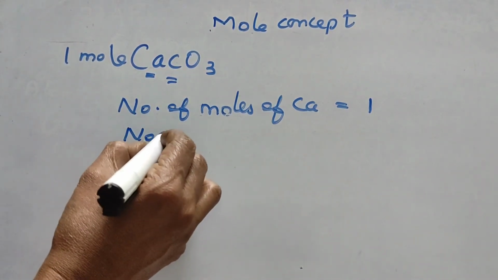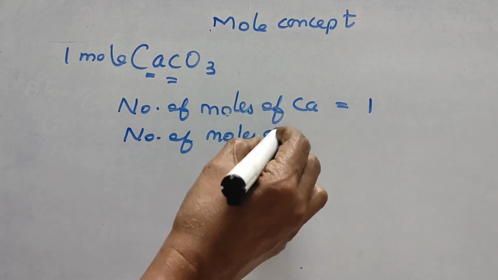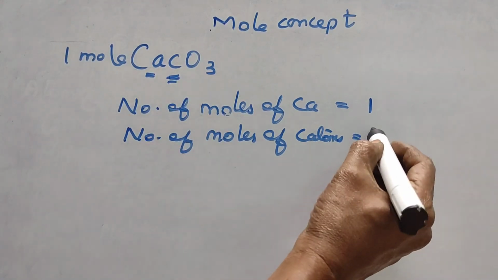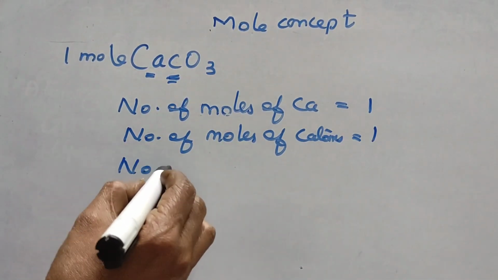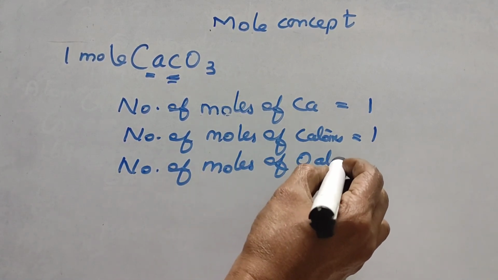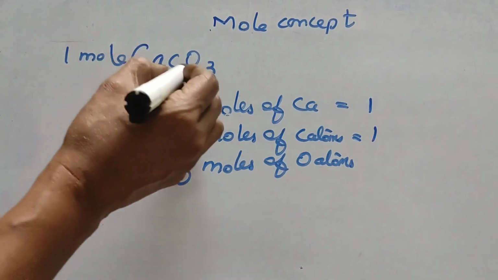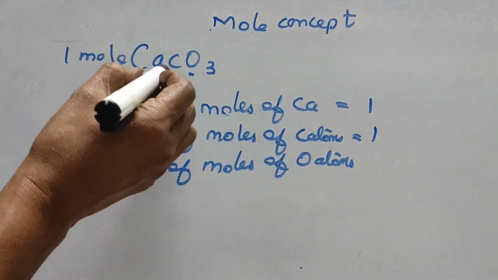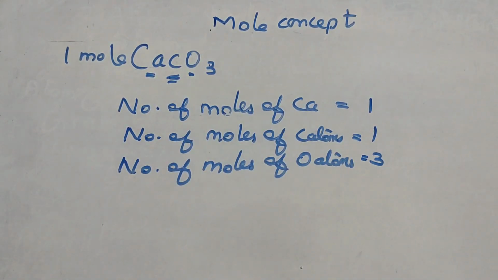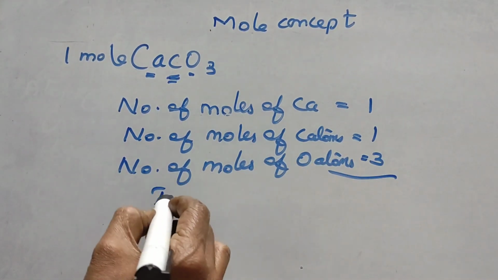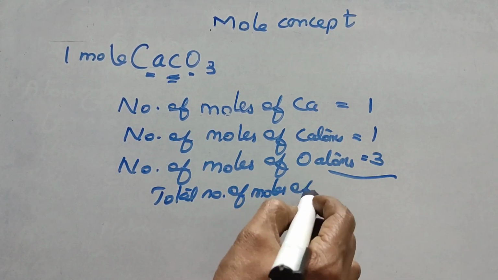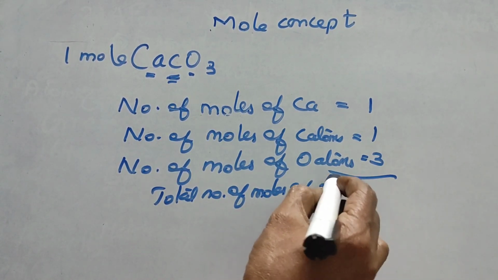Number of moles of carbon atoms is 1. Number of moles of oxygen atoms: how many oxygen atoms here? 3. In 1 mole of calcium carbonate, 3 moles of oxygen atoms are there. So the total number of moles of atoms is 5.